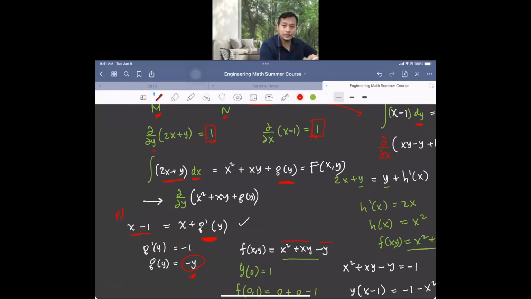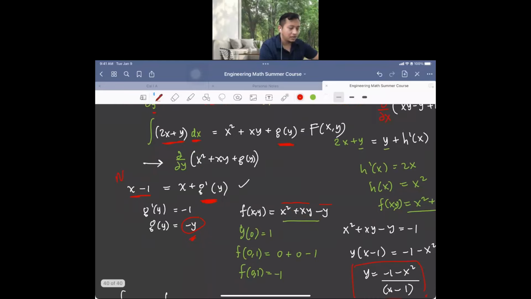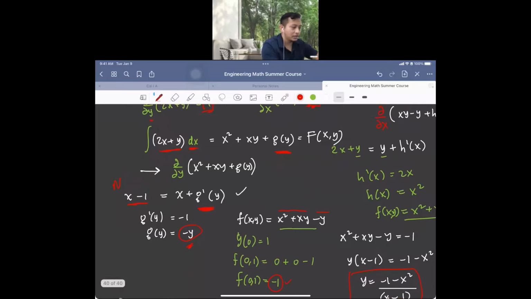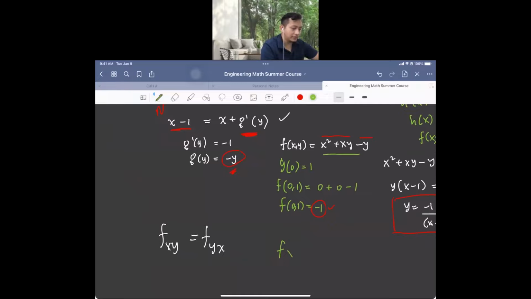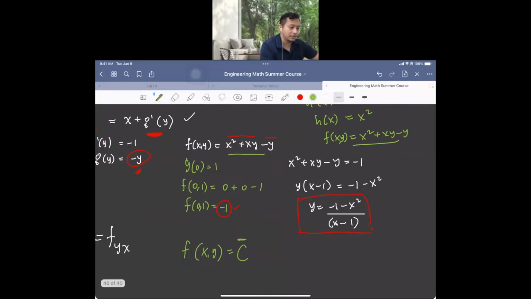Usually, if you are given an initial value, then you can plug in the value to find the constant. So usually the solution is just f(x, y) equals constant. This is the solution. But if you are given the initial value, then you can find this c. You find the c, then it's negative 1, and that's the complete answer.